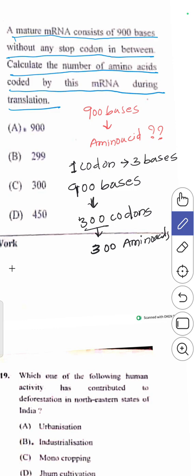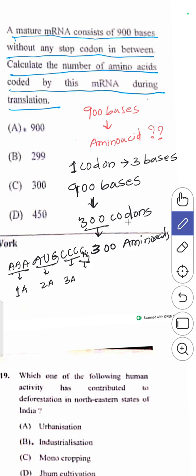Three bases like AAA, AUG, CCC, GGG, these are the triplet codons. These three bases will code for one amino acid. This will code for the second amino acid. This will code for the third amino acid.